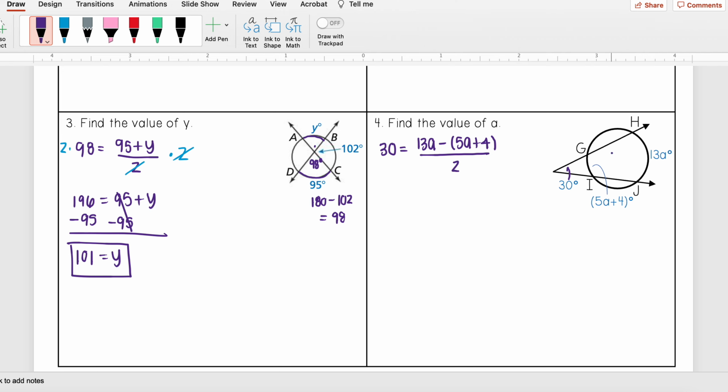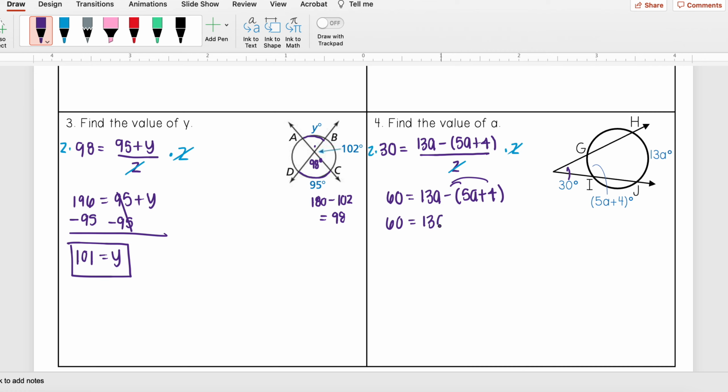divided by 2. Now I need to solve this for a. First step, like we did in number 3, is I'm going to multiply both sides by 2 to get rid of that divide by 2. And when I do that, I get 60 is equal to 13a minus (5a plus 4). Next, I'm going to distribute that subtraction.